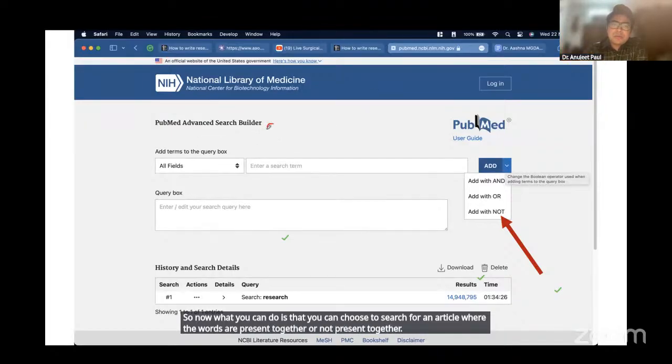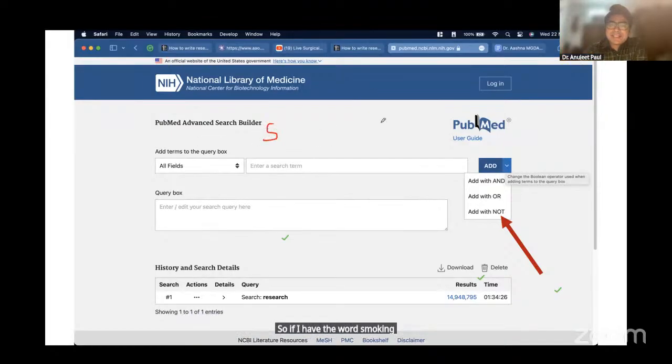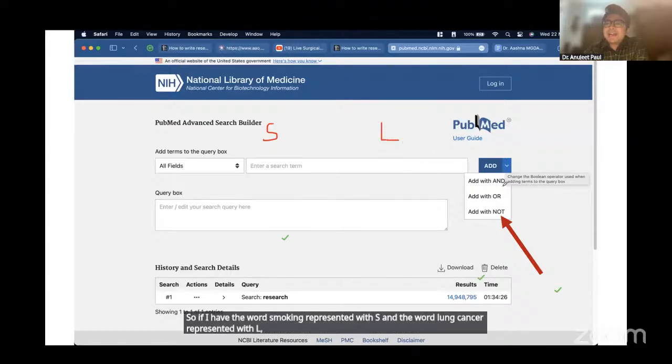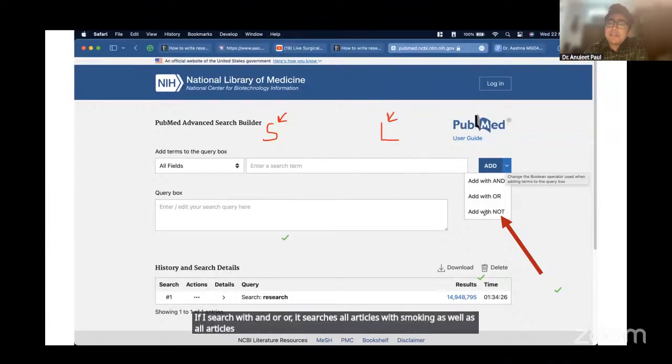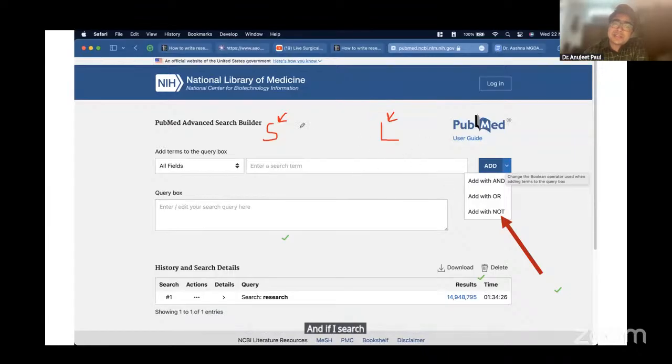So if I have the word smoking represented with S and the word lung cancer represented with L, I can search and. That means I search for all articles that have the word smoking or have the word lung cancer. If I search with and or, it searches all articles with smoking as well as all articles with lung cancer. And if I search and with not, it searches all articles with smoking without the word lung cancer.